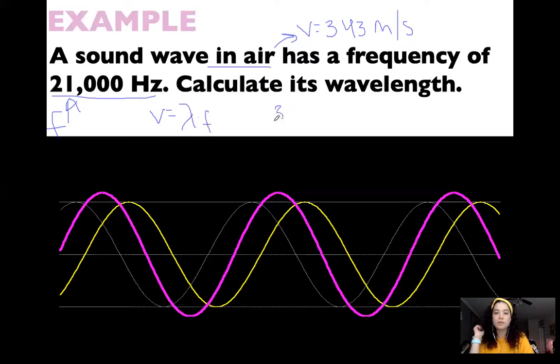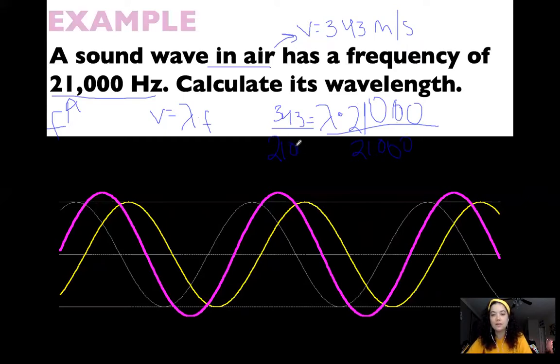So 343 equals lambda times 21,000. To get our lambda all by itself, what are we going to do? We have to divide both sides by 21,000. I picked division because we have multiplication, and division is the inverse operation.